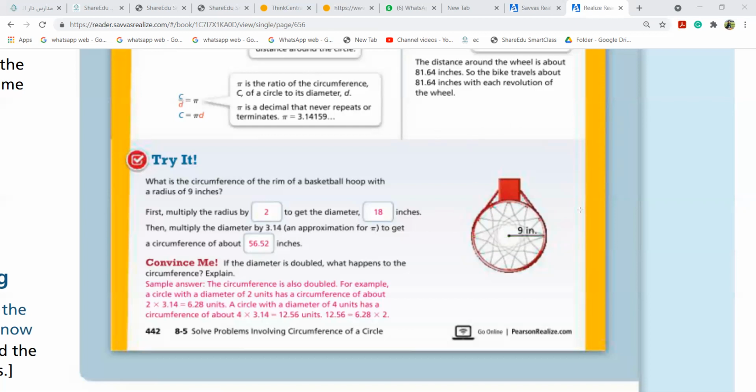Again, my question. Listen to my question carefully. See, sometimes they give you the diameter. This is 14, not the half. And they ask you what is the radius.